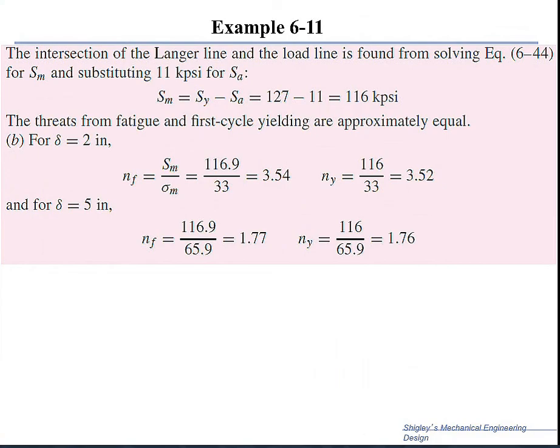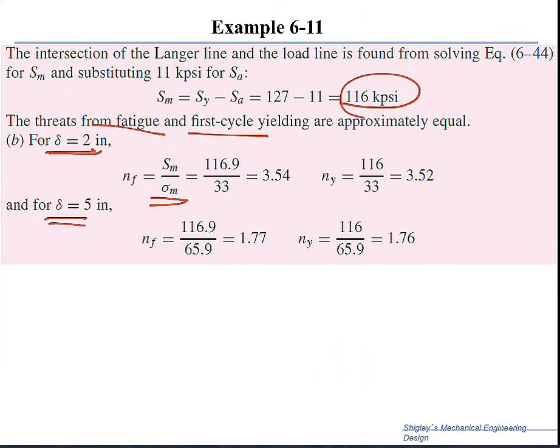We'll find that it is 116. So it means that fatigue and first cycle yield are approximately equal, because the intersection points are pretty much the same. And then we can find the fatigue factor of safety for delta equals 2 and the fatigue factor of safety for delta equals 5.